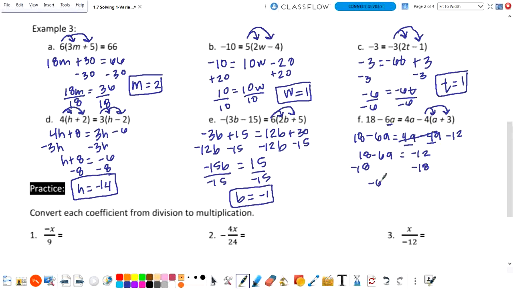And we're left with negative 6a. Negative 12 minus 18 is going to give us negative 30. And then we can divide by negative 6. So negative 30 divided by negative 6 gives us positive 5. So a equals positive 5.